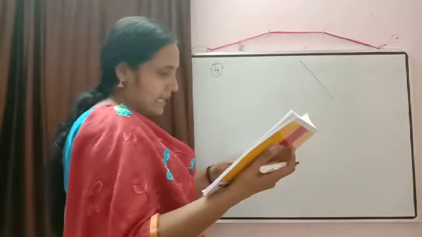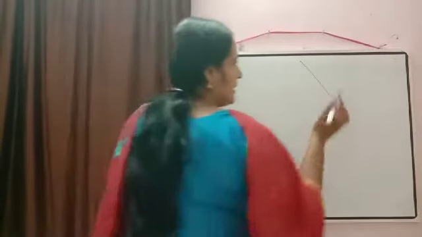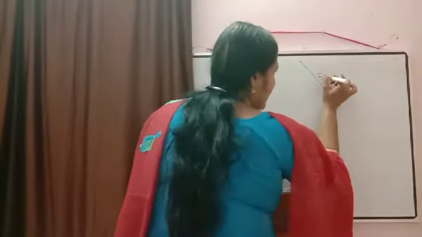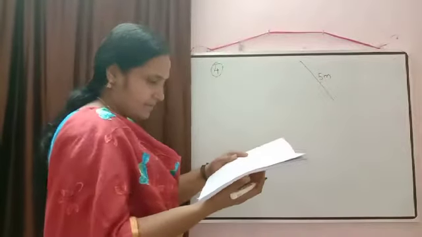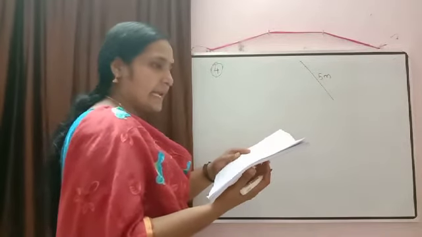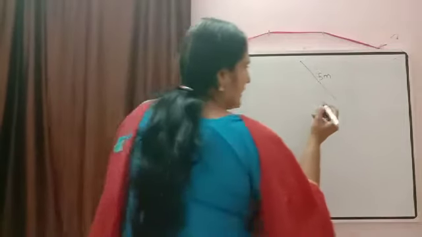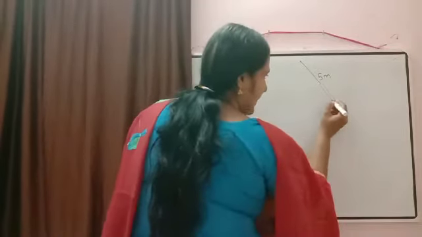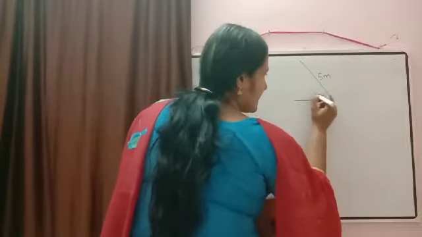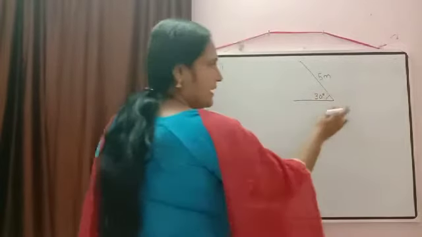The length of the ladder is 5 meter. Length of the ladder is given 5 meter and the ladder is inclined at an angle of 30 degree with the ground. The ladder is inclined at an angle of how much? 30 degree with the ground there.